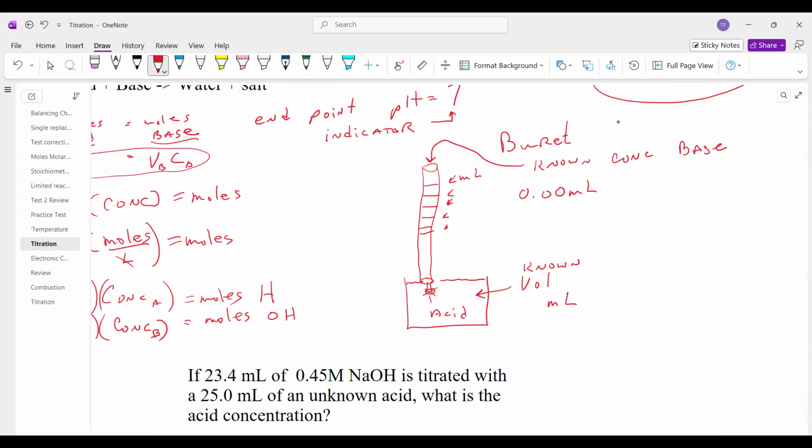And the purpose of a burette is to measure volume.